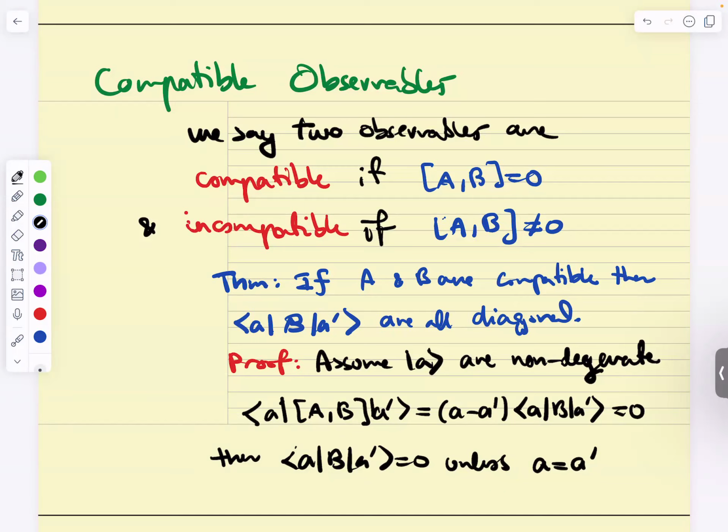So here's a question. Are Sx and Sy compatible? No. Are S squared and Sx compatible? Yes. Very good.